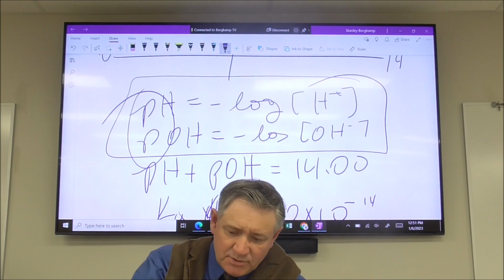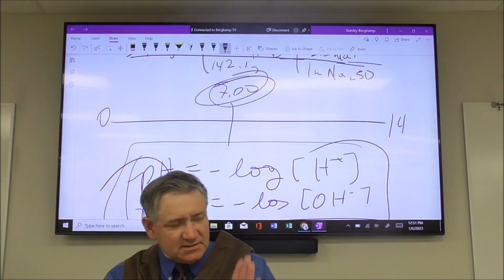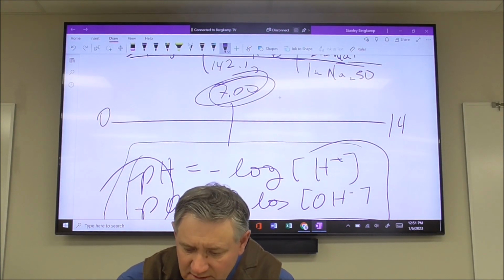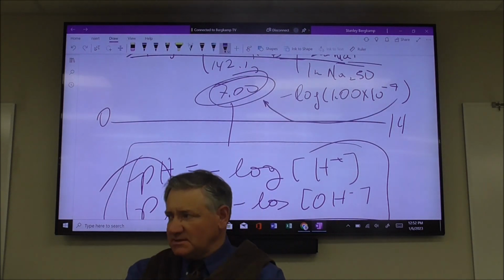If something is neutral, it has a pH of 7. What that means is that the only way you have a pH of 7 is if you take the negative log of 1.00 times 10 to the negative 7th, you get 7.